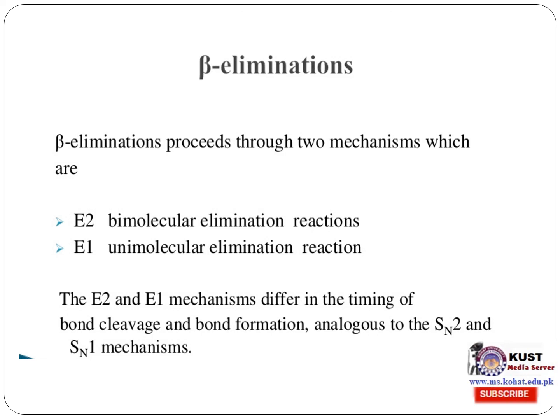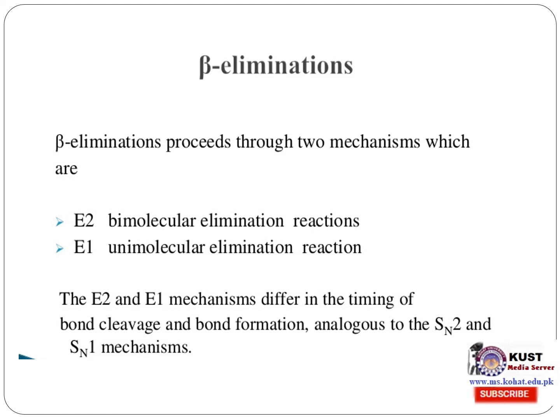The beta elimination proceeds through two mechanisms. On the mechanistic pathways or on the kinetic ways, the elimination reactions can be divided into two categories. That is E2, the bimolecular elimination reaction, and E1, the unimolecular elimination reaction.